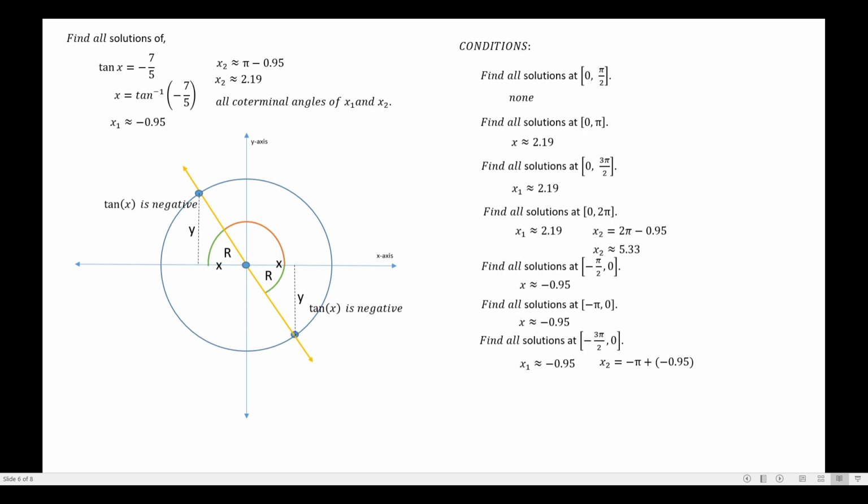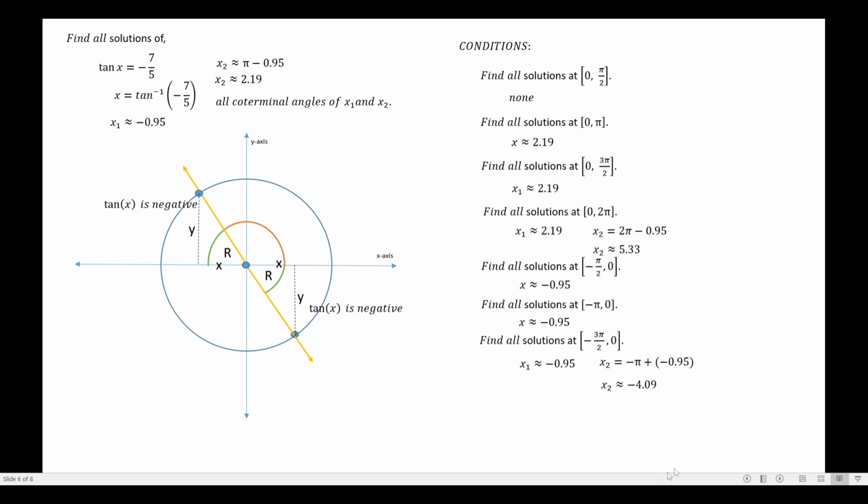So how did I get that? Well, negative pi is here, this angle, and then to reach the second terminal side I have to add a negative 0.95 angle, or that should be a negative reference angle. So that should be approximately negative 4.09.